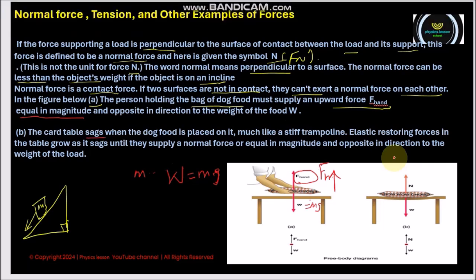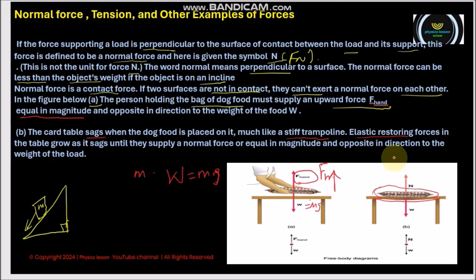You see, there is a bending when the food is placed on the surface, much like a stiff trampoline. Elastic restoring force in the table grows as it sags until it supplies a normal force equal in magnitude and opposite in direction to the weight of the load.